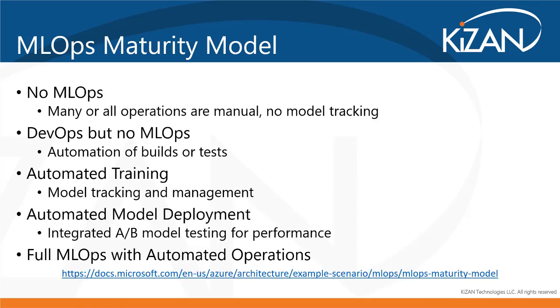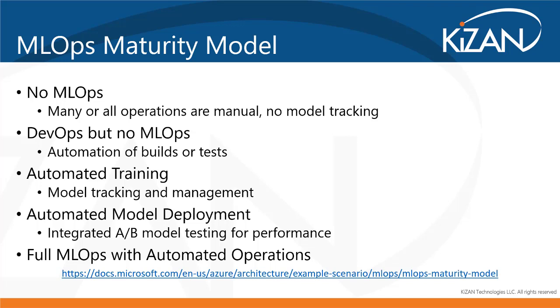Now we have covered the foundation of what DevOps is and how it gets applied to machine learning. Microsoft has designed this maturity model for MLOps. It's a 5-tier model, and we have the link to the documentation below.